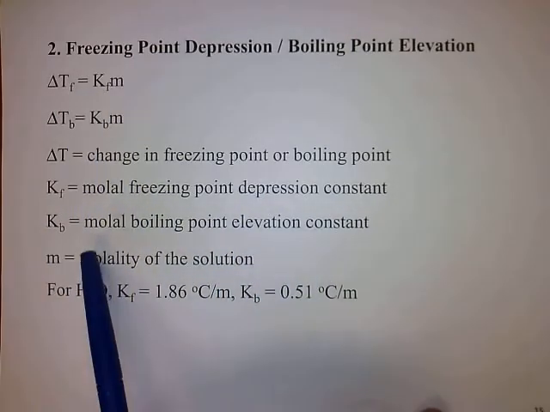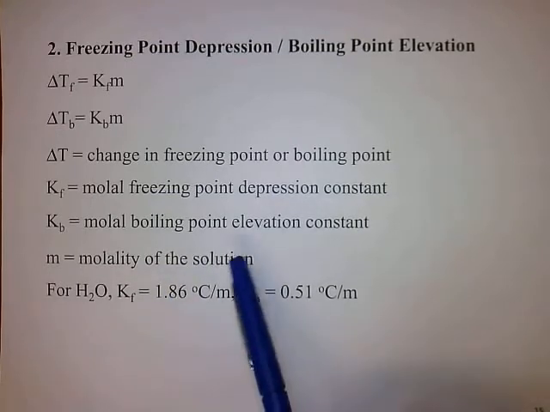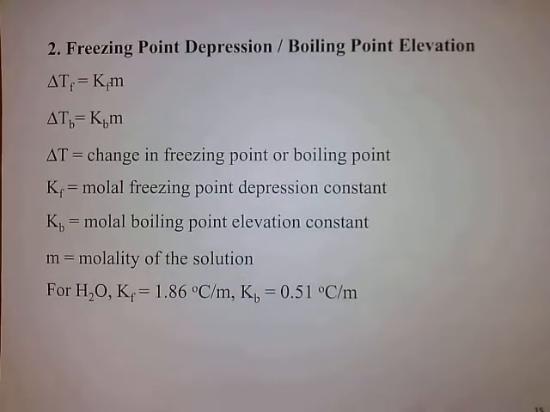And of course, m is the molality of the solution. Okay? So for water, these constants are 1.86 degrees Celsius per molal for the freezing point depression and 0.51 degrees Celsius per molal for the boiling point.